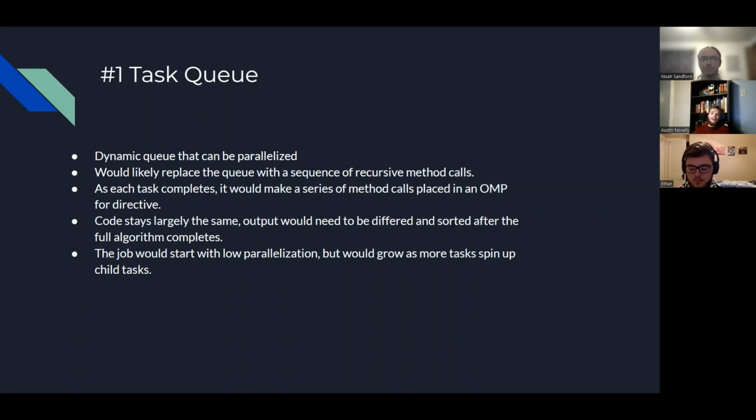So it is a queue, but our plan is to replace the queue with a sequence of recursive calls. As I mentioned before, when it completes a task in the queue, it generates a set of items that it adds back onto the queue.